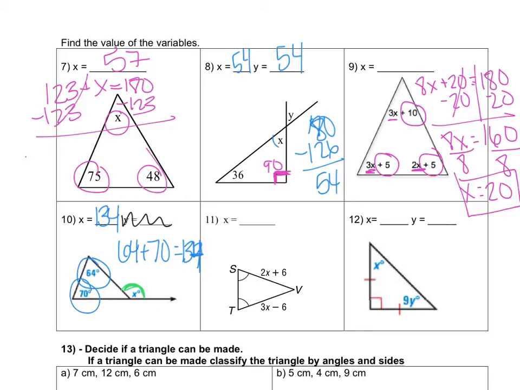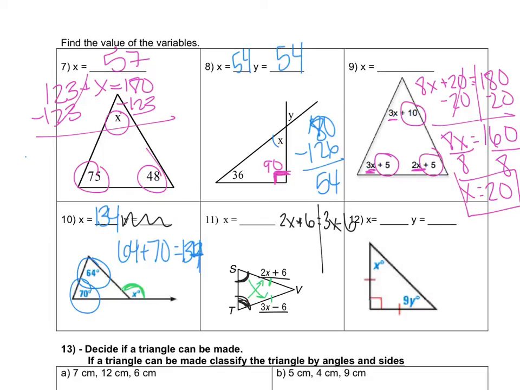Okay, number 11. If you look right here, you have these two curve marks. That's telling you that those angles are congruent. If angles are congruent, you know that the sides opposite them also have to be congruent. So you know these sides are congruent. If the sides are congruent, how do you set an equation up? Set your sides equal to each other. So I have 2x plus 6 equals 3x minus 6.